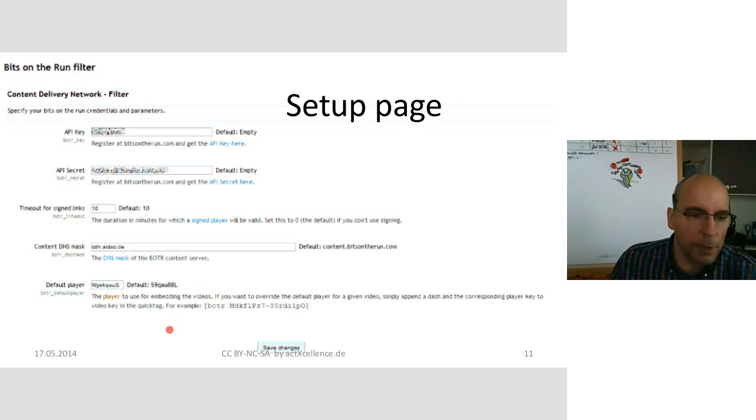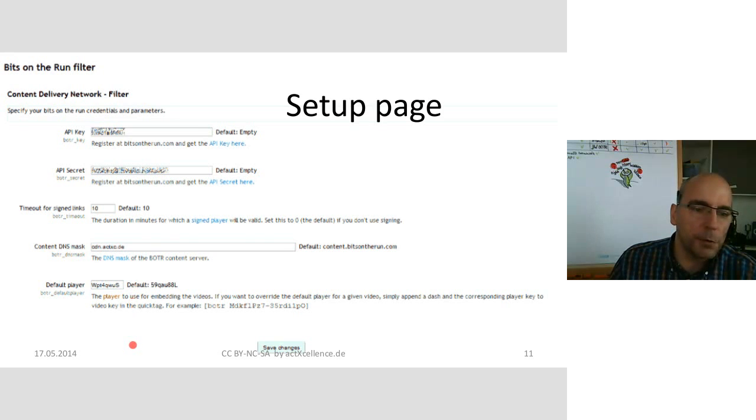plugin here. And then the players have a name, 8 characters, and the standard player, which you can define at the JW platform, can also be in this filter setup.